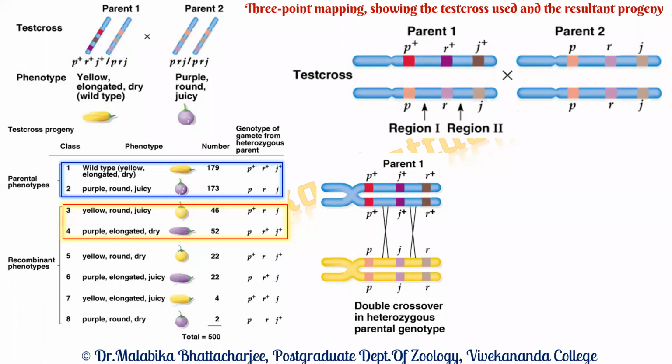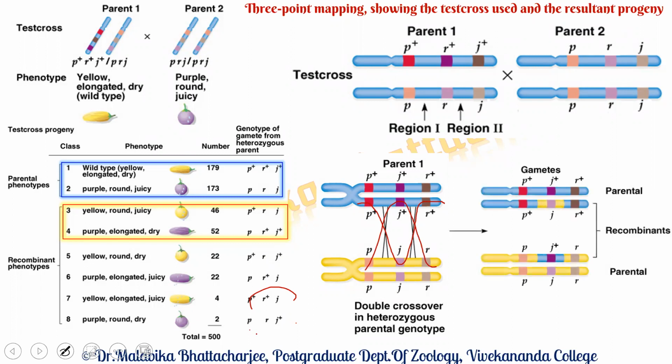So you can see P plus, J, R plus. Here the order is not arranged properly. And the other one is P, J plus, R. These both are not the parentals.